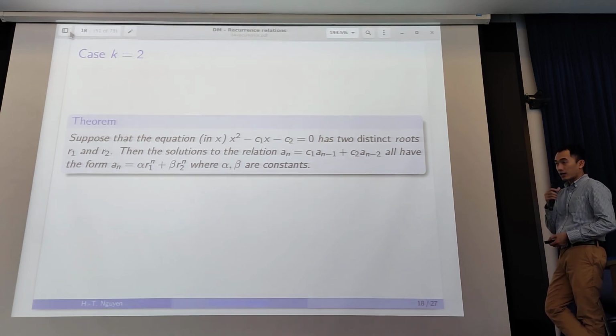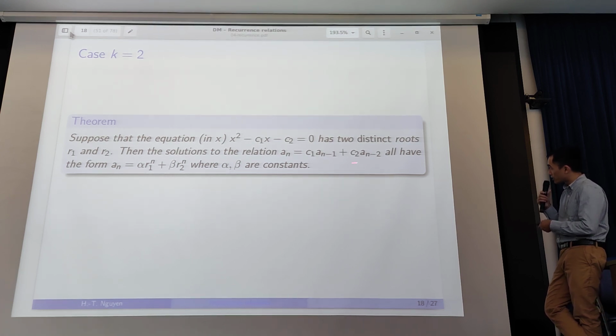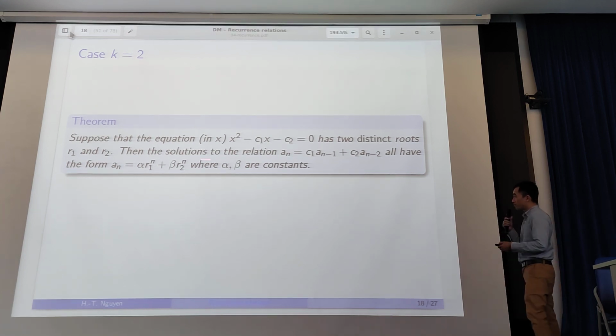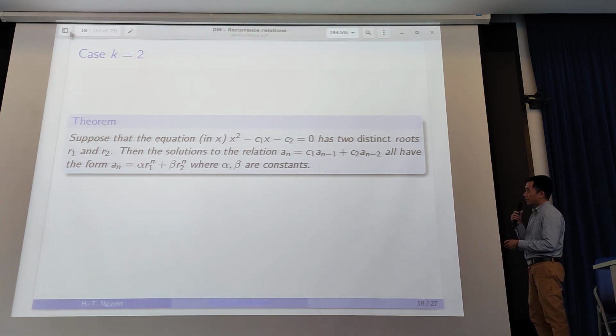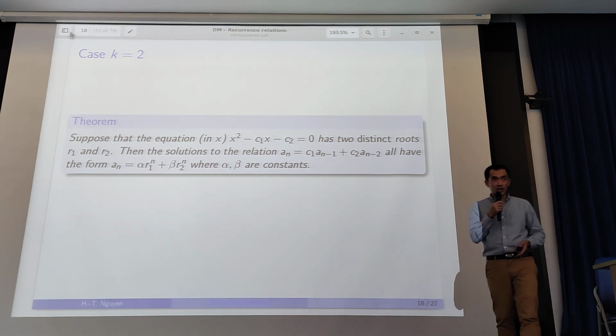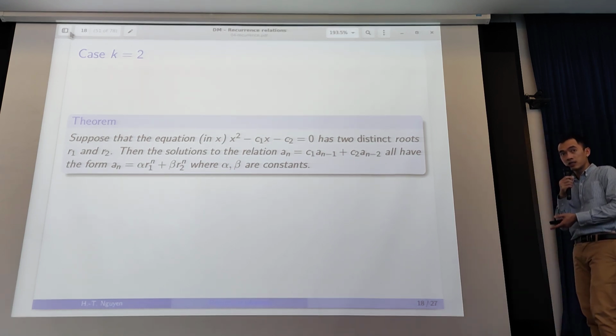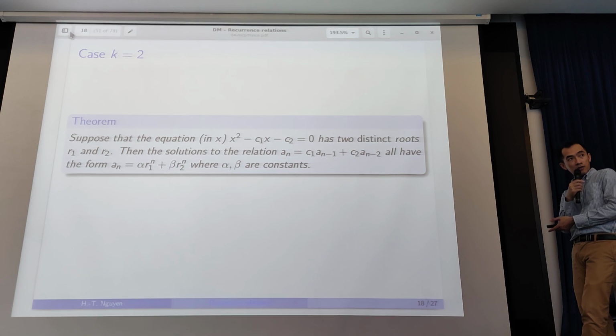Then the general solution to this relation will have the form alpha times R1 to the power n plus beta times R2 to the power n, where alpha and beta are two coefficients to be determined. Alpha and beta may be calculated based on the initial conditions.